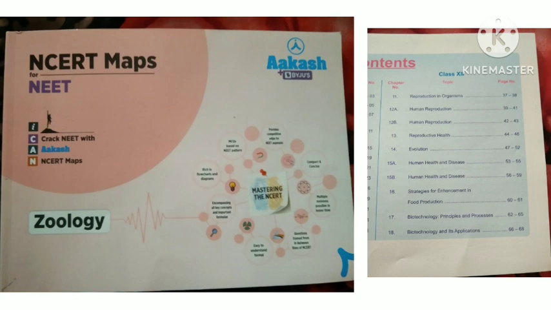Preventive measures to avoid STIs: avoid sex with unknown partners or multiple partners, and always try to use condoms during coitus.